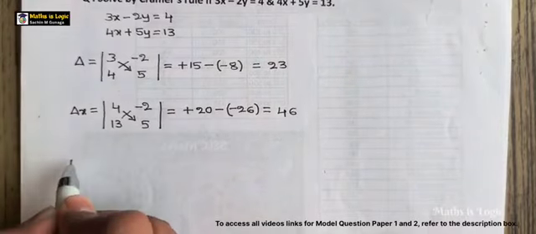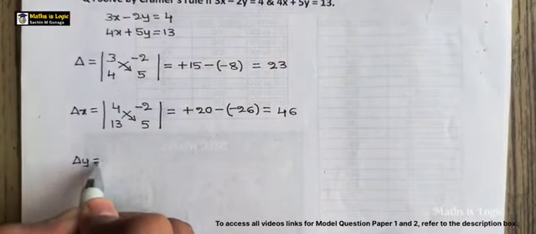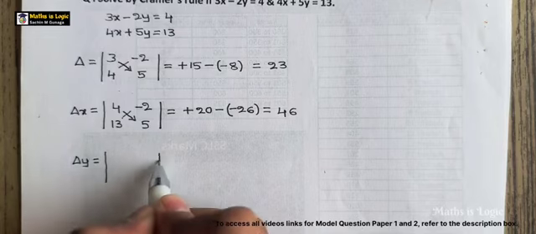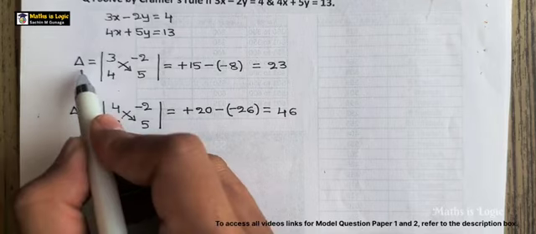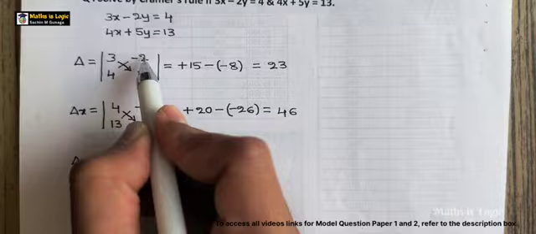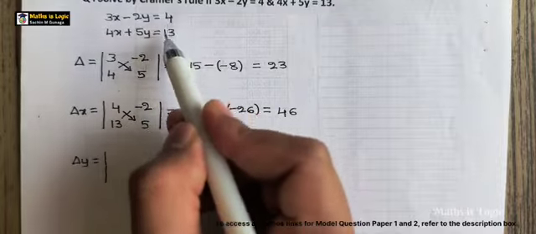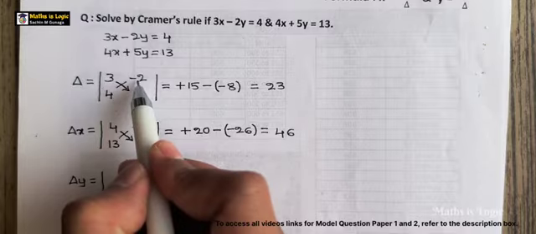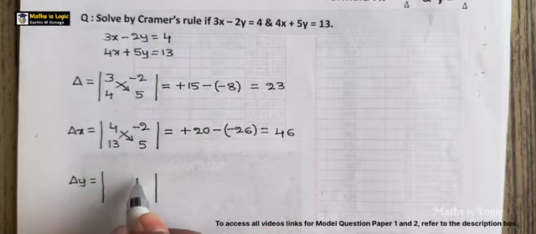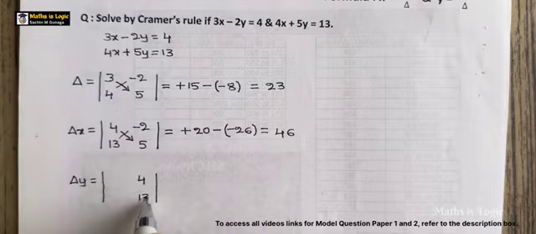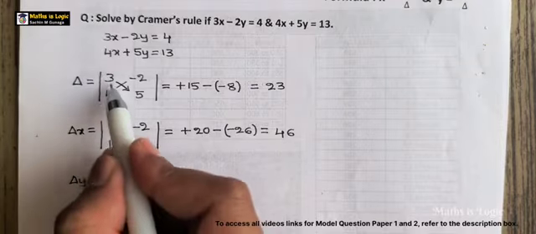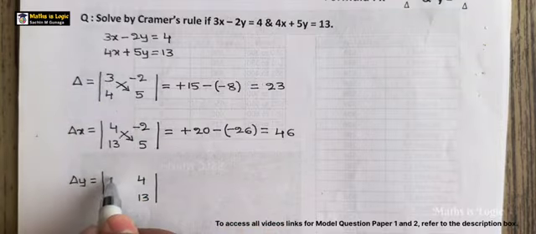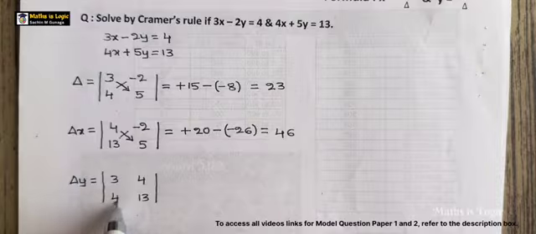Next, find the delta y value. For delta y, in delta, the second column is replaced by the two constant terms. Instead of -2 and 5, write 4 and 13. In delta, keep the first column as it is, 3 and 4.